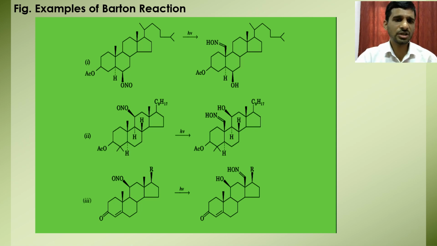In practice, the delta carbon atom towards the left hand side has more favorable chances of undergoing 1,5 hydrogen shift. This is because on the right hand side there is an octyl side chain on the cyclopentane moiety. This octyl side chain is a bulky group and it will generate steric hindrance, so it will not be convenient for the delta carbon atom there to migrate towards the NO2 group.